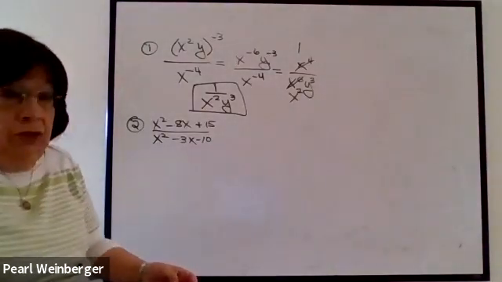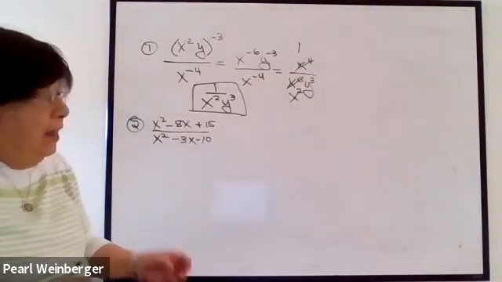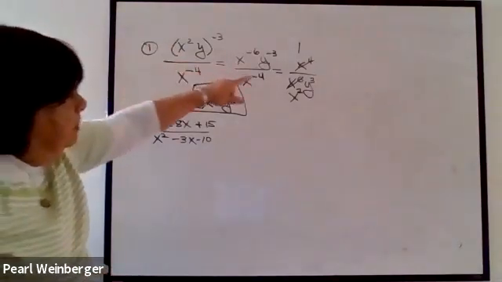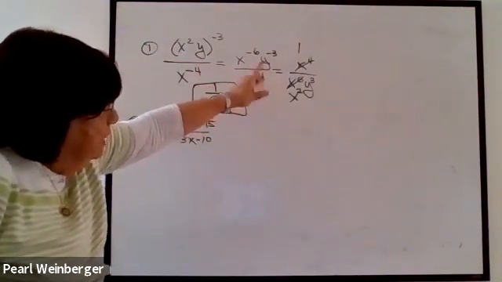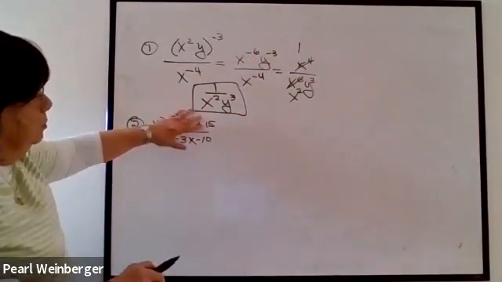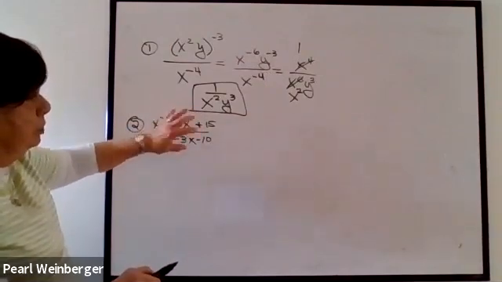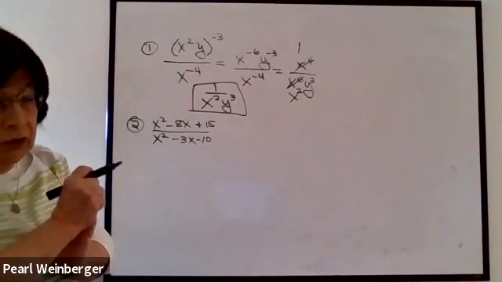And in order to do that, we have to find the common factors. Over here, it wasn't so hard to find factors because everything was connected by multiplication. But as soon as you have pluses or minuses in between your terms, the first thing you're going to have to do is factor.